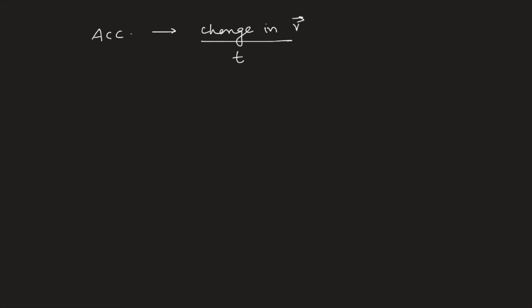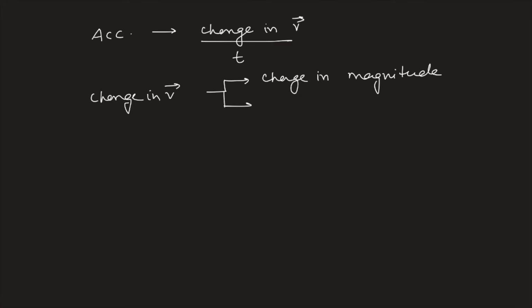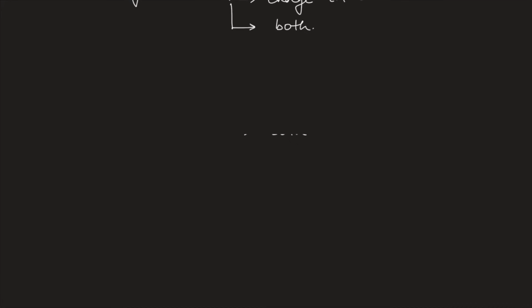Now that change in velocity could be due to change in magnitude, or change in direction, or both. It could be both ways. Magnitude could also be changing and direction could also be changing simultaneously at the same point of time. So let's see how that could work out.